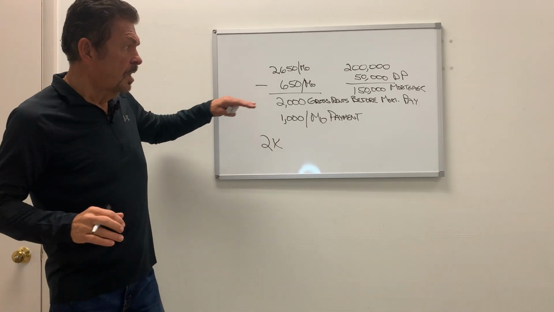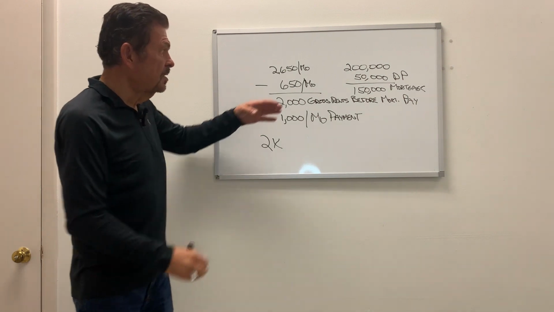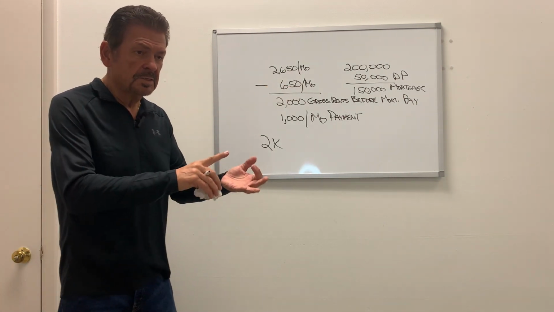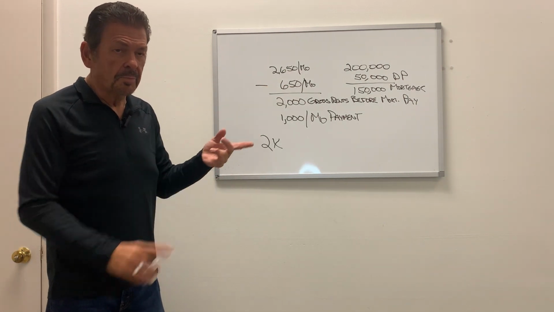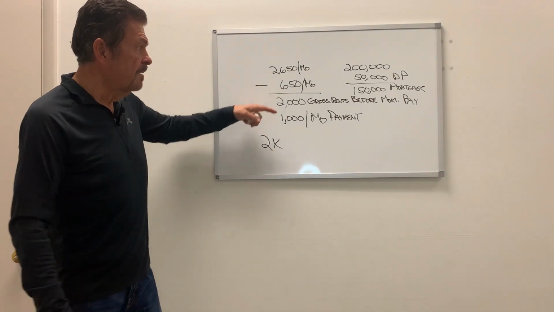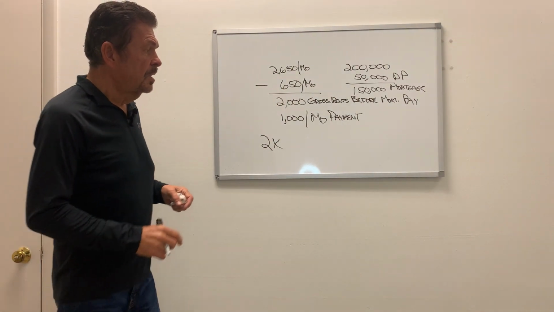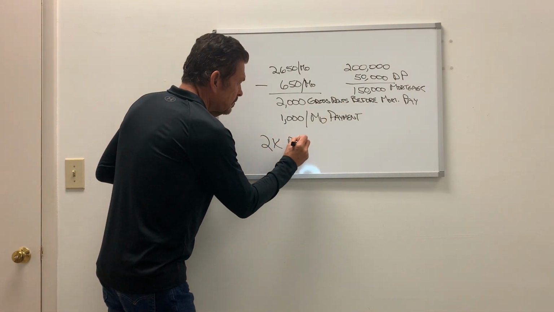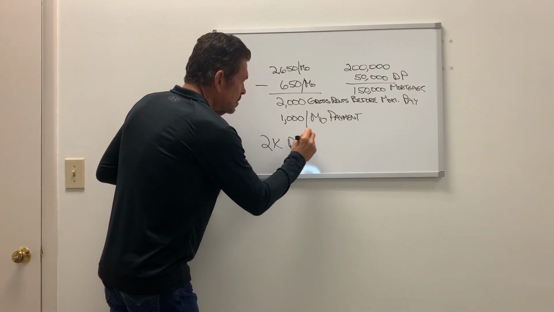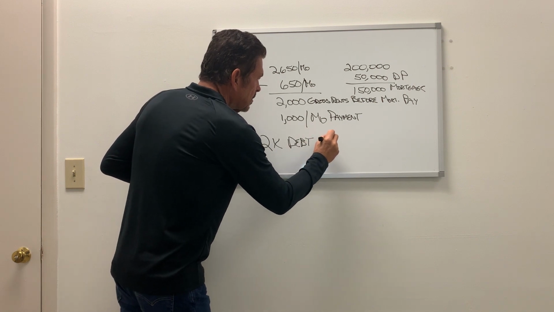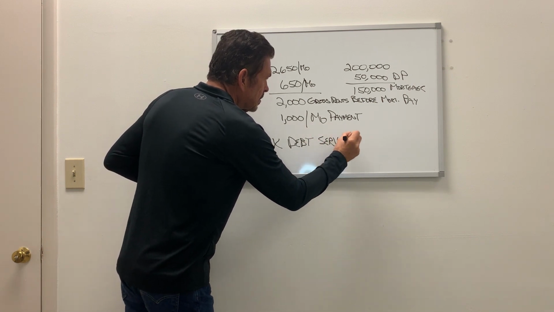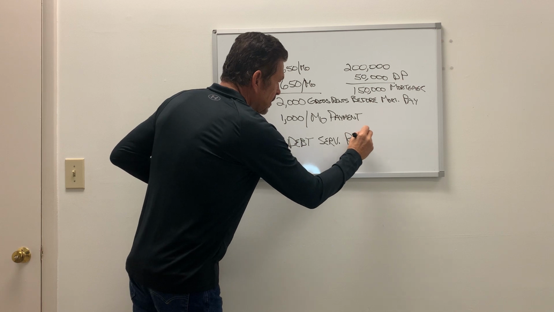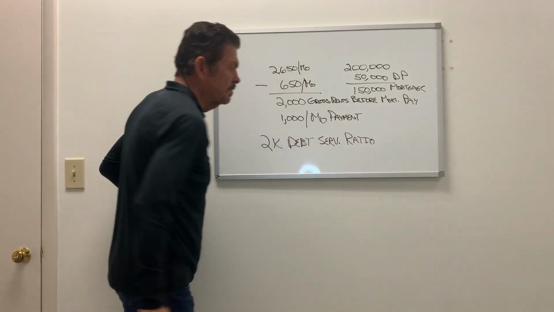So that means that coming in, your gross rents minus your expenses for things like taxes, insurance, upkeep, property management, things such as that, is $2,000. That would mean that your debt service ratio is 2 times the amount that you pay in a payment.